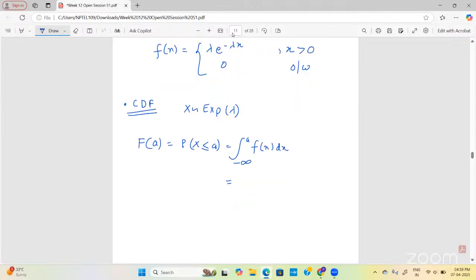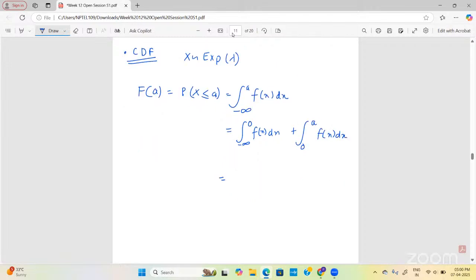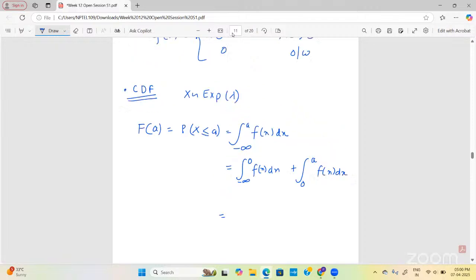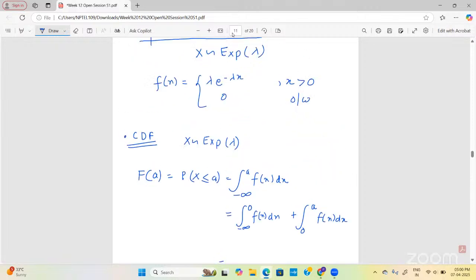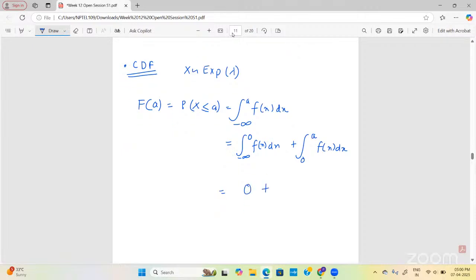Yes. So it will be minus infinity to 0, and then from 0 to the upper point, which is A. From minus infinity to 0, the PDF is not defined, it is 0, so this integral will be 0. Now here we have to integrate from 0 to A.